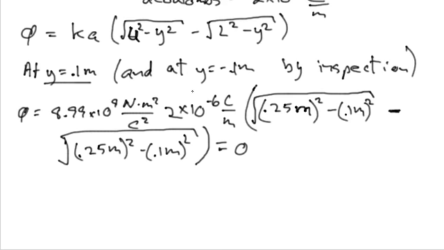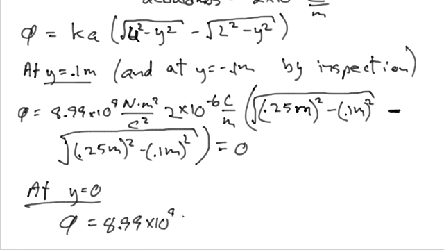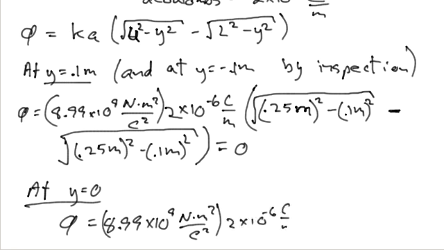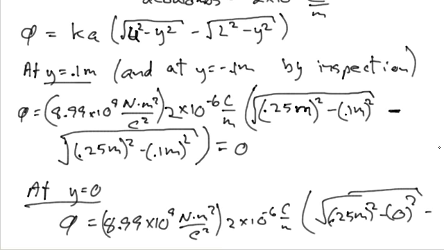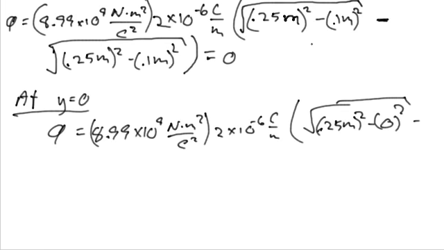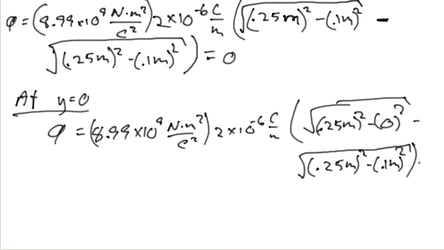But if y is equal to 0, at y is equal to 0, we have phi equals 8.99 times 10 to the 9th Newton meters squared per coulomb squared times 2 times 10 to the minus 6 coulombs per meter times the square root of 0.25 meters squared minus 0 squared minus 0.25 meters squared minus 0.1 meter squared, and that's equal to 0.